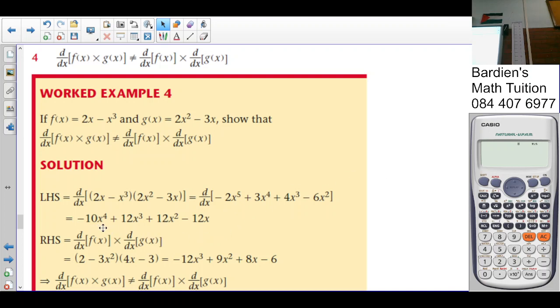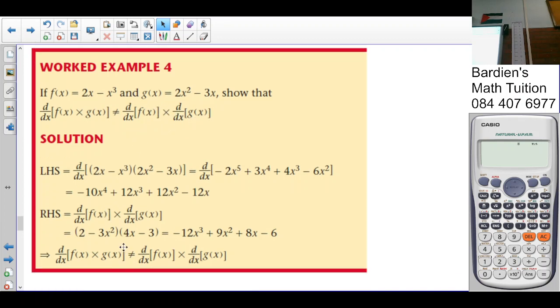I get negative 10x to the 4 plus 12x cubed plus 12x squared minus 12x. Then for the right hand side, you must take the individual derivatives first and then multiply. We never got what we have on the left hand side. Can you see that, people? So the left hand side is not equal to the right hand side in this case.